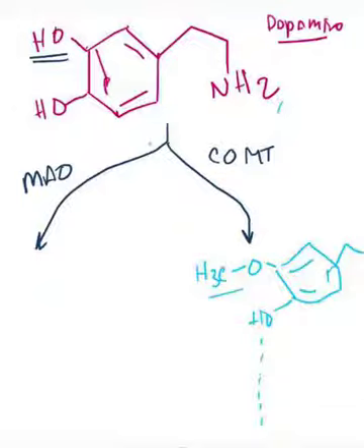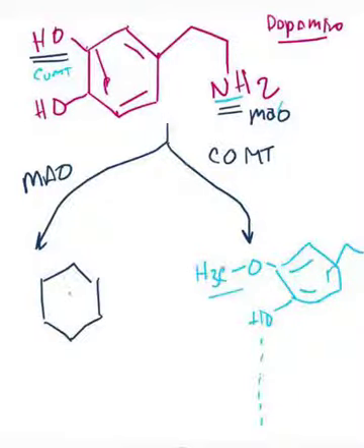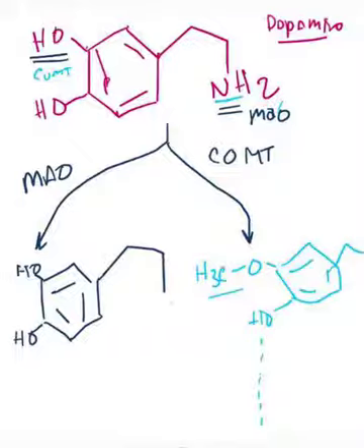Monoamine oxidase does something a little different. If COMT works here, amine has to do with the nitrogen, so we know MAO needs to do something here. Let me draw this again real quick. There's my dopamine molecule, with my two hydroxyl groups, HO and HO, and these are carbons.